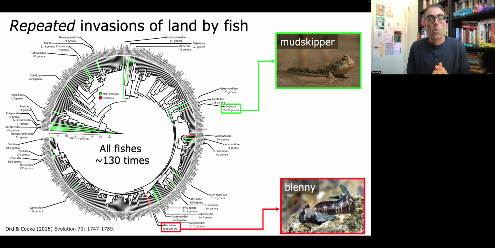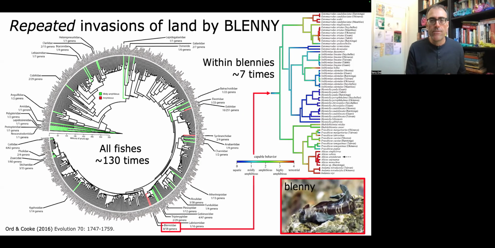So a less well-known group of amphibious fish. You all know the mud skippers, but you probably don't know about these intertidal blennies that I've got on the bottom of the screen here. Now, this is a really remarkable family of fish. We've created an evolutionary tree for all the different species within this family, and we've reconstructed the behavior of these fish.